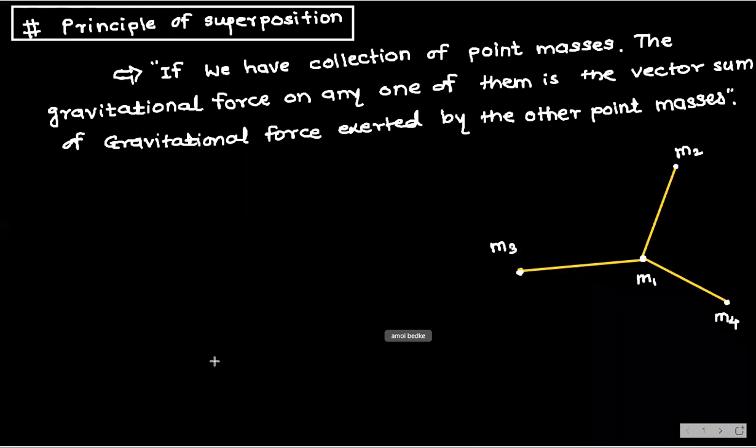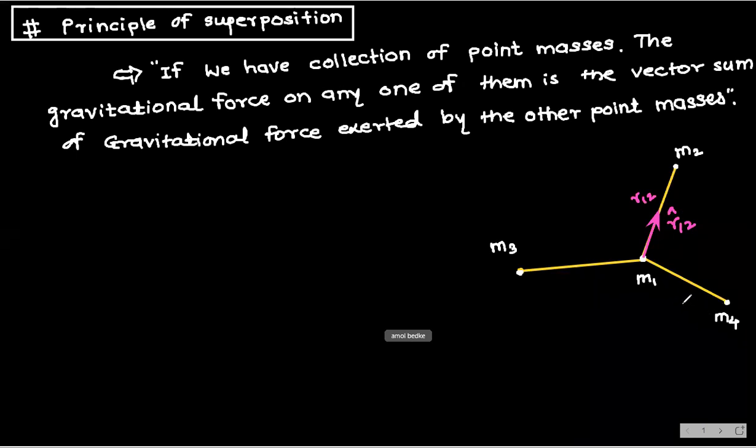Now see here. The force between m1 and m2 is in this direction. You can see here, this is r12 cap. Or even you can say the distance is r12, and its unit vector is r12 cap.